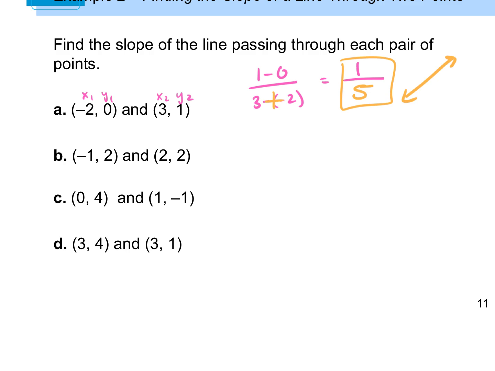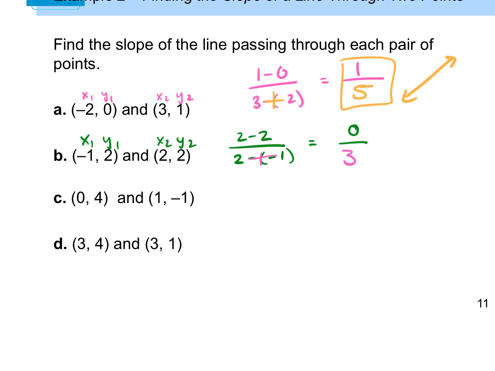Let's look at the second one, B. So I'm going to label my points x1, y1, x2, y2. y2 minus y1 would be 2 minus 2 over x2 minus x1, 2 minus negative 1. 2 minus 2 is 0. 2 minus negative 1, this turns into a plus, so this would be 3.